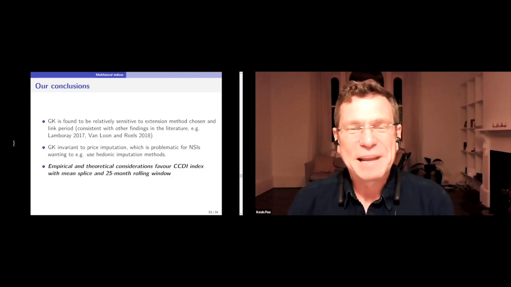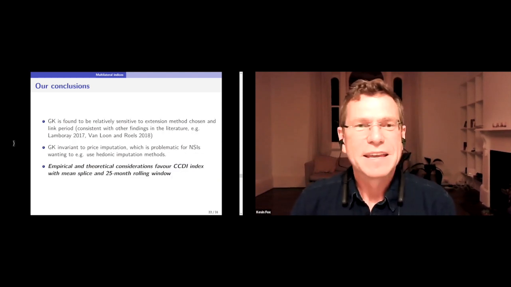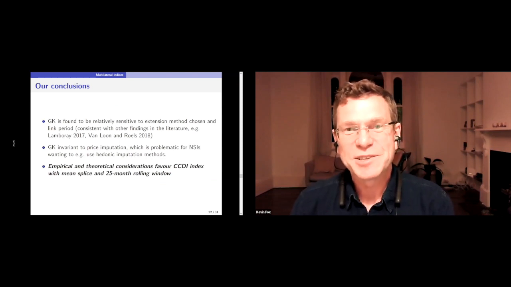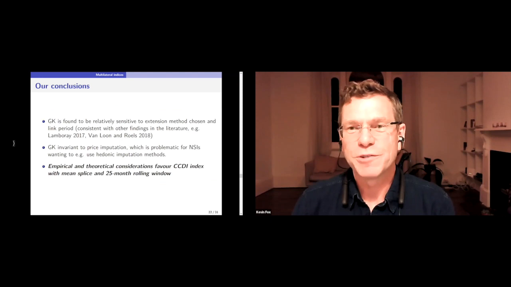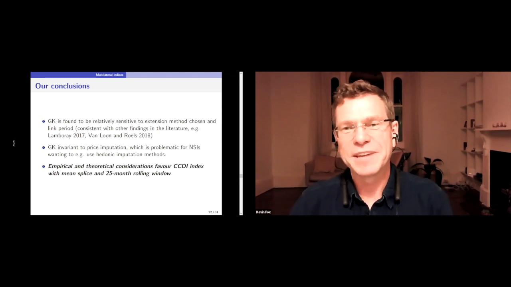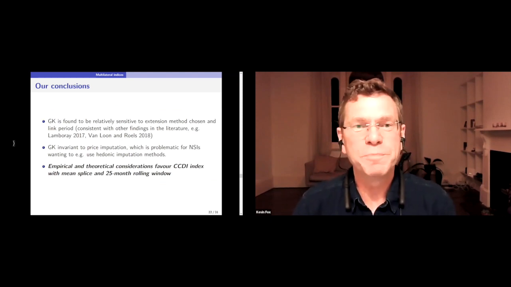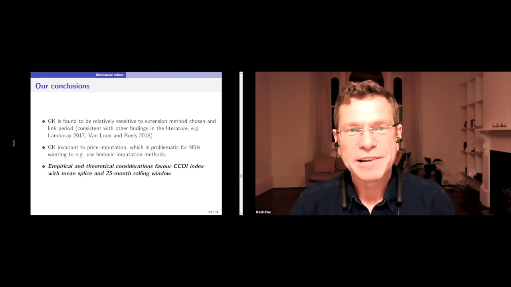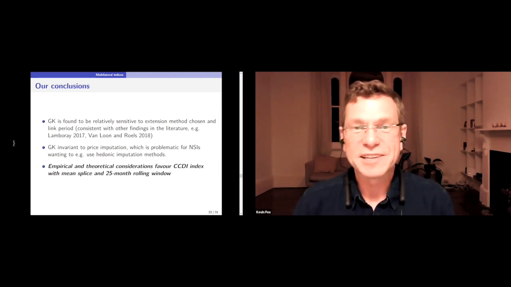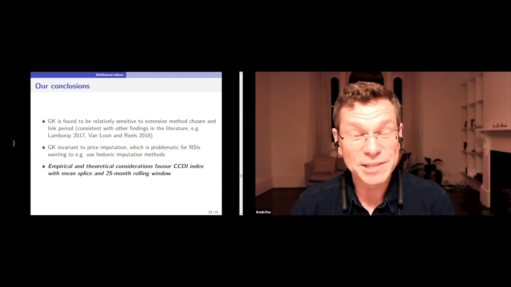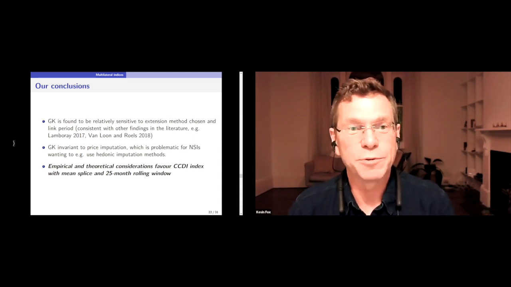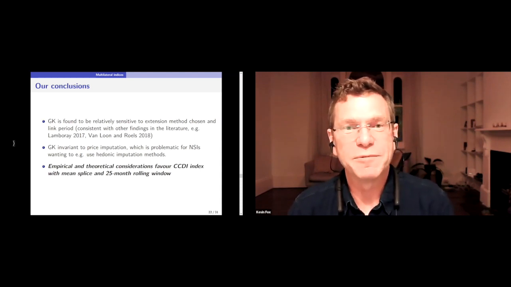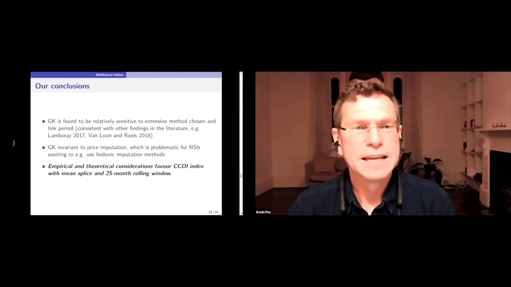So, preempting our conclusions here, the Gary-Khamis is found to be relatively sensitive to the extension method chosen. That's the method we're using to update the original window, and the link period. Those findings are consistent with other findings in the literature, for example, Claude Lamboray and Van Loon and Roels.